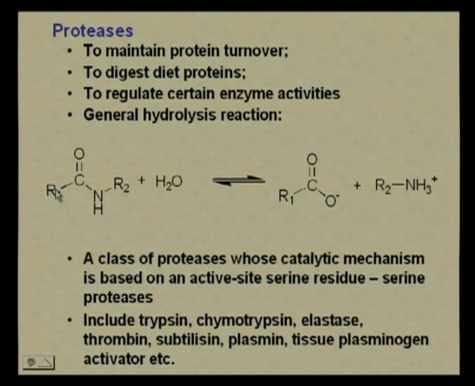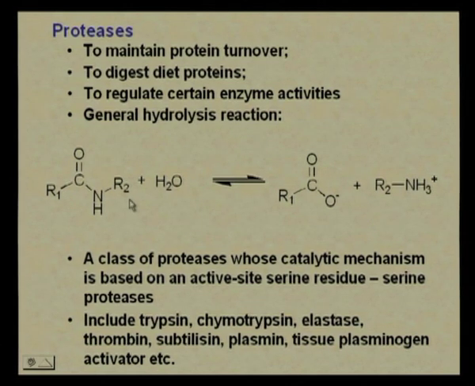In such a reaction, you recognize that this CONH is our peptide bond. Now, this peptide bond is essentially going to be cleaved. When it was formed, if you remember, the NH2 and the COOH of 2 amino acids linked up together to form the peptide bond with the release of H2O.